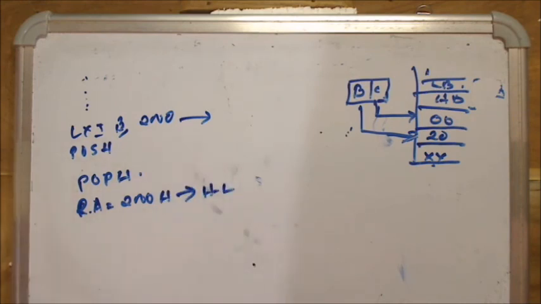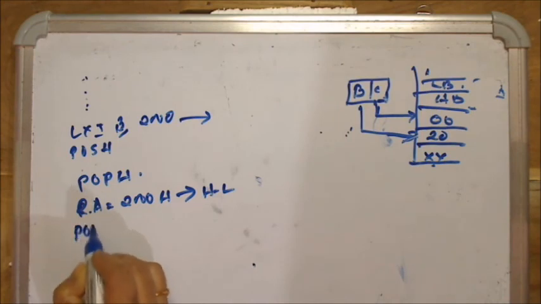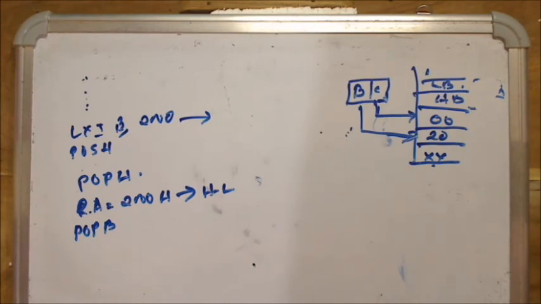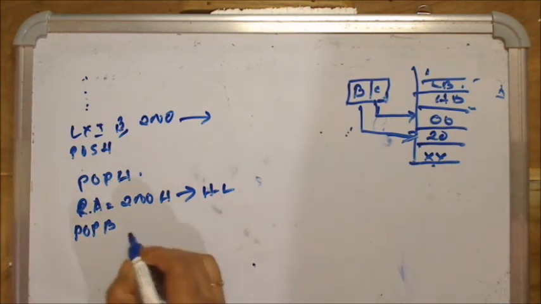Okay. Now, first you got the return address into the HL pair. Now you do POP B or anything. Get the parameter into the register. So you do POP, getting it into the register pair BC.